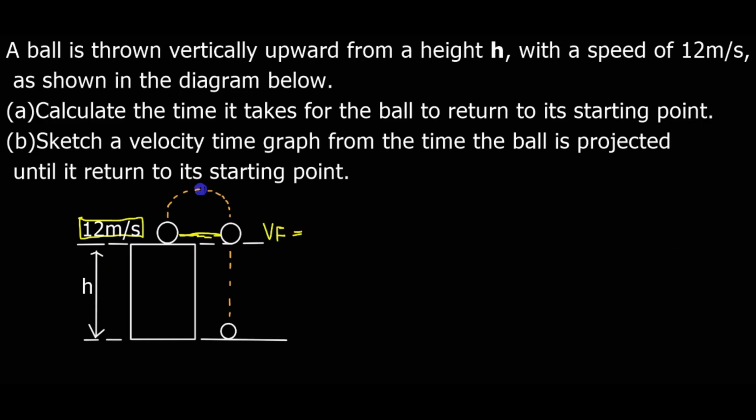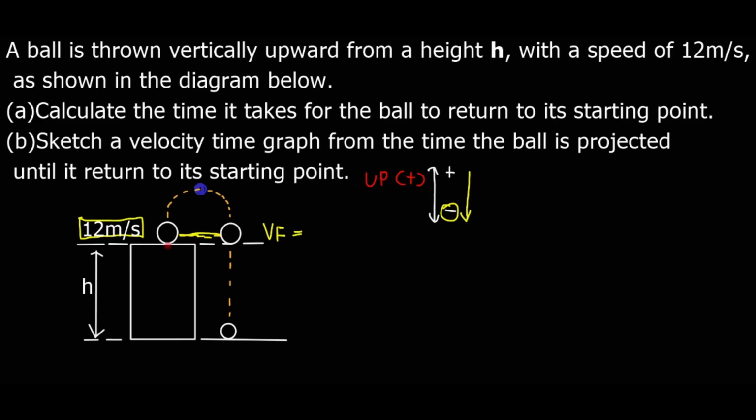Let's say we choose upward as positive. If we choose up as positive, then downwards will be negative. Therefore our acceleration will be downwards, and then it will be negative.